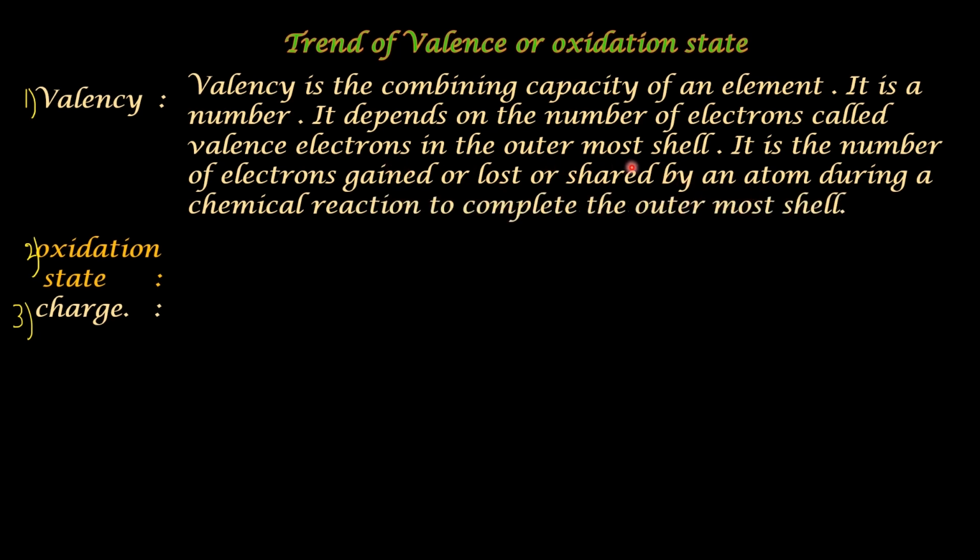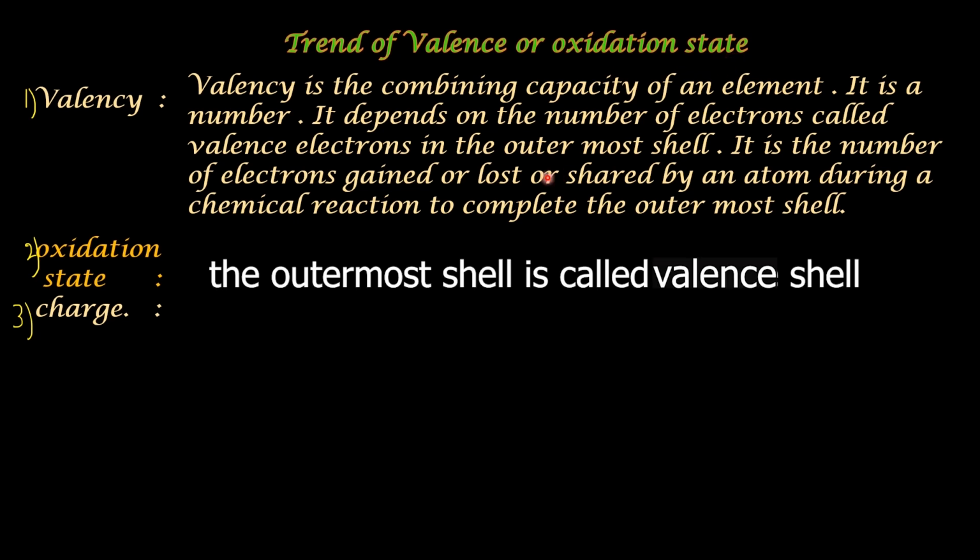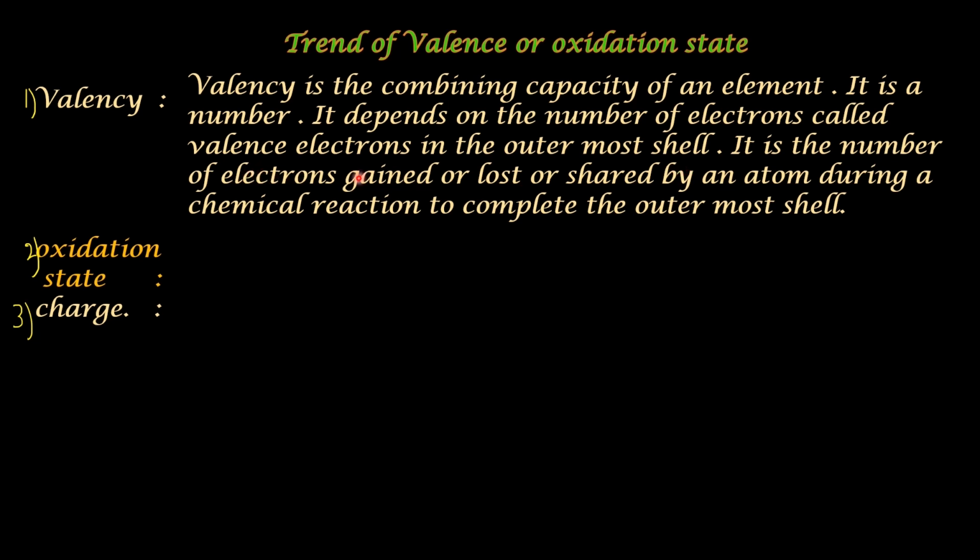Electrons in the outermost shell are called valence electrons. These valence electrons decide the oxidation state. The outermost shell is also called valence shell because it contains the valence electrons. By the way, valence electrons take part in chemical reactions.